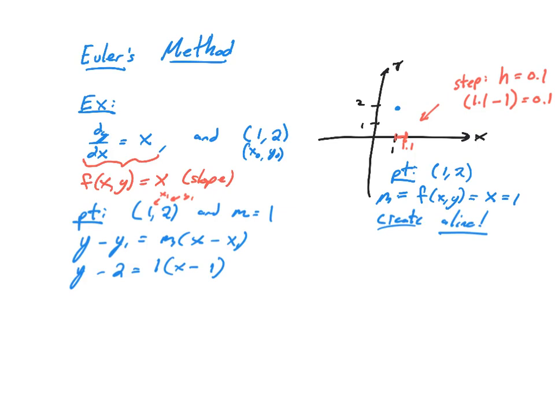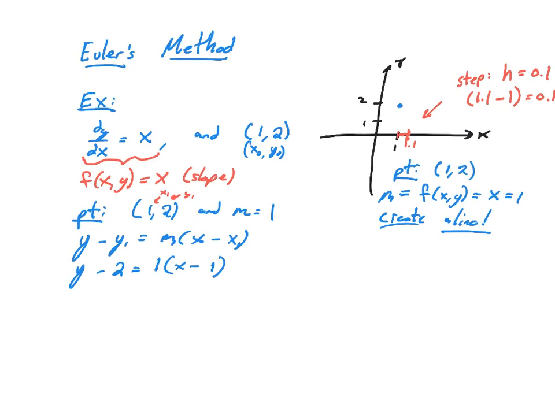So going back over to this little guy here, as soon as I put in 1.1, I'm going to have y minus 2 is equal to 1 times 1.1 minus 1. That's just our step size. Then I'm going to get that y is equal to 1 times 0.1 plus 2.